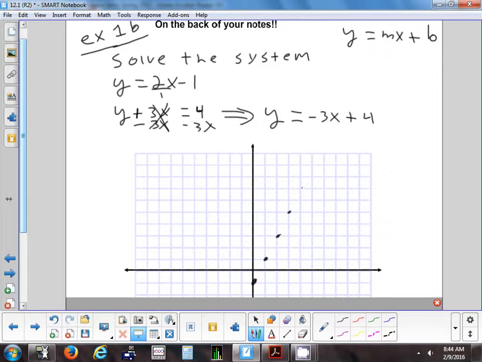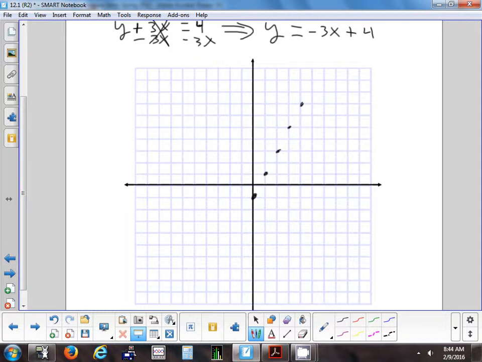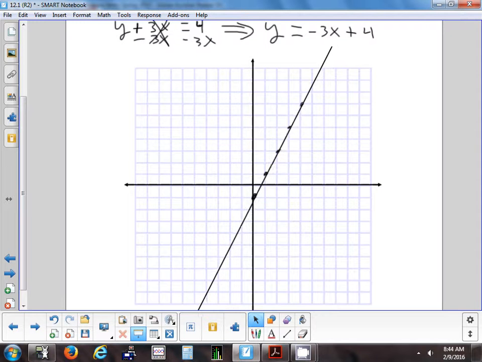I'm just going to do it a couple times because I need to be pretty accurate here. And draw my line. I think that should be good enough. If it looks close to the answer and I'm a little off, that's okay.